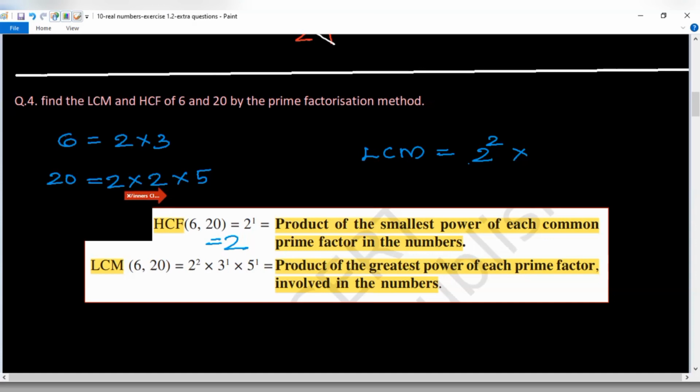And 3 is also there, but maximum 1, right? 3 2 times, not there, right? And 5 is also there, only 1 time. So 2 raised to 2 into 3 into 5, that is the LCM. So it is 4 into 3 into 5. 2 square is 4. Now 4 into 5 is 20. So 20 into 3, that is 60 is the LCM.